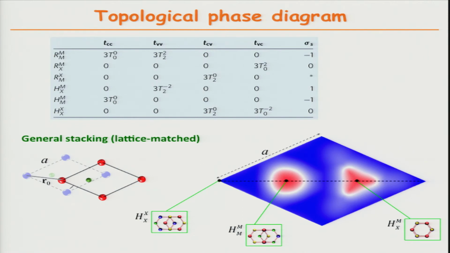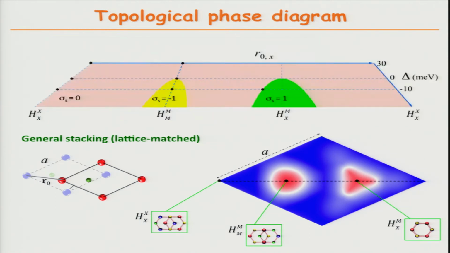The high symmetry points that we have just discussed correspond to these three points. Two of them are topological insulators with different quantum spin Hall conductance, and this one is a trivial insulator. And then at general translation, we find this phase diagram where the two topological regions, finite topological regions, are surrounded by topologically trivial regions, which I colored in blue.